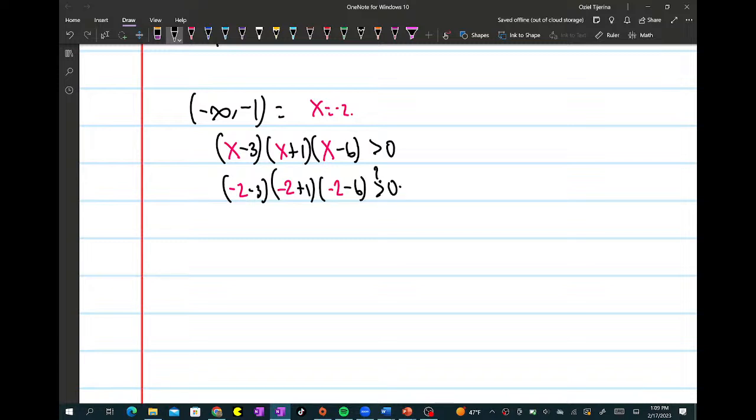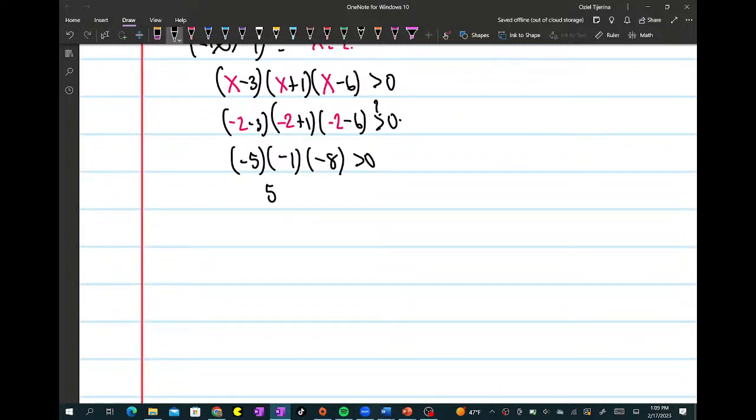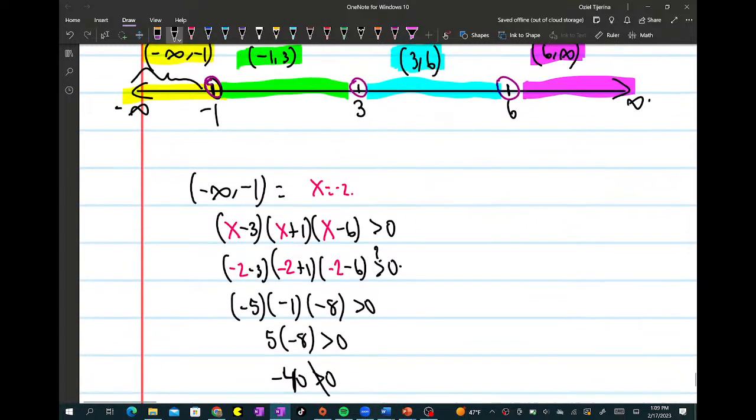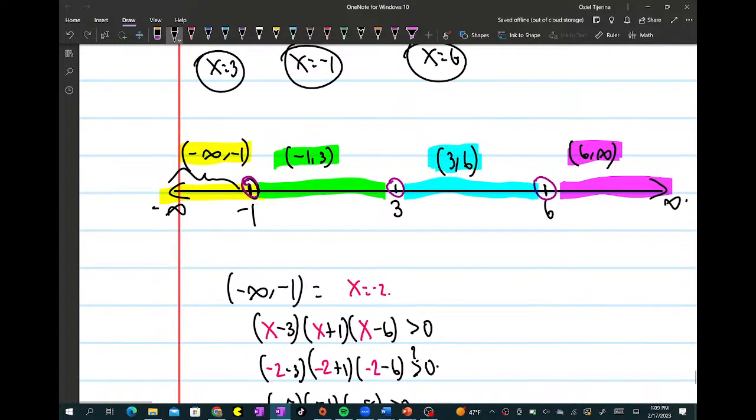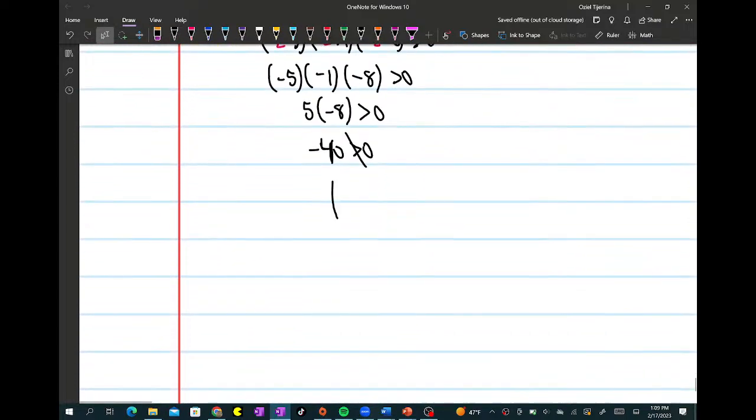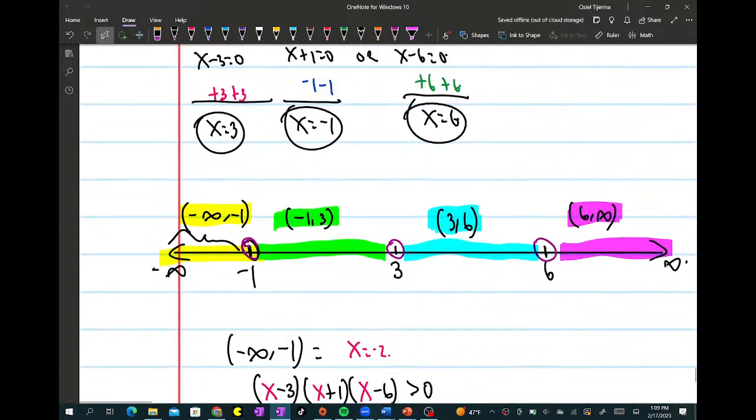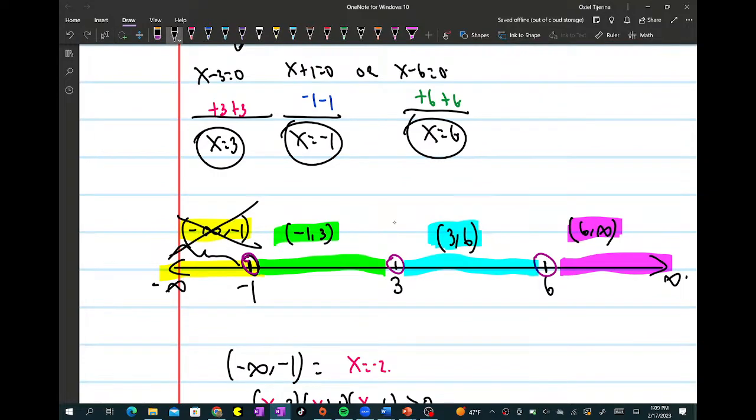I want to know if this satisfies the inequality. So negative 5 times negative 1 times negative 8 greater than 0. This becomes 5 times negative 8, which is negative 40, greater than 0, which is not true. So negative infinity to negative 1 does not work.